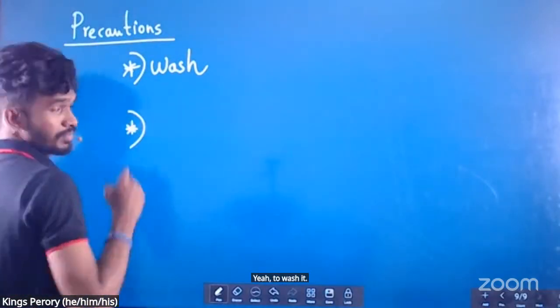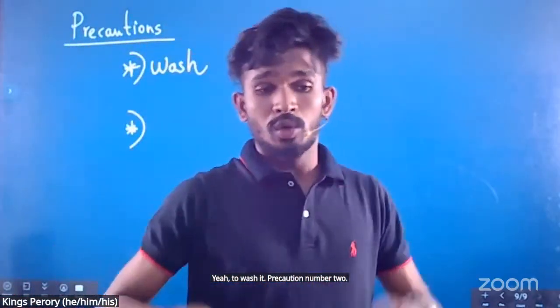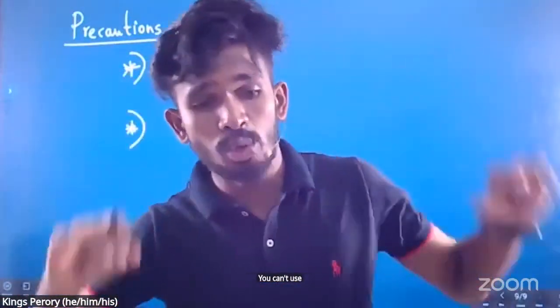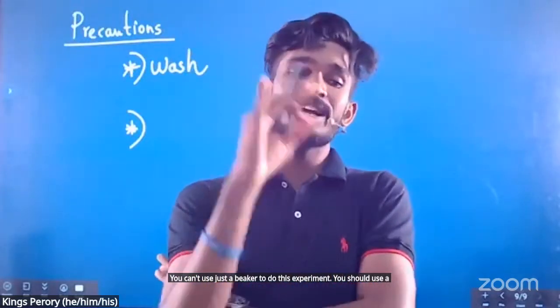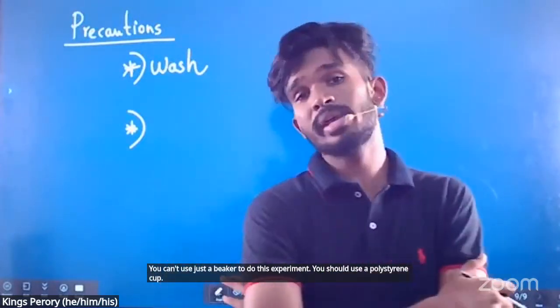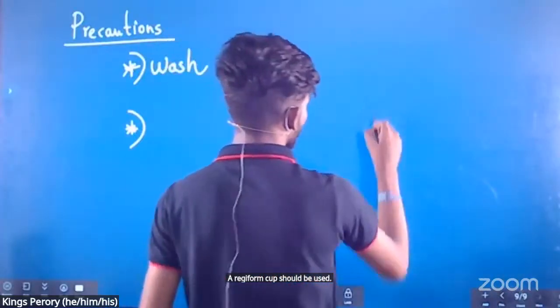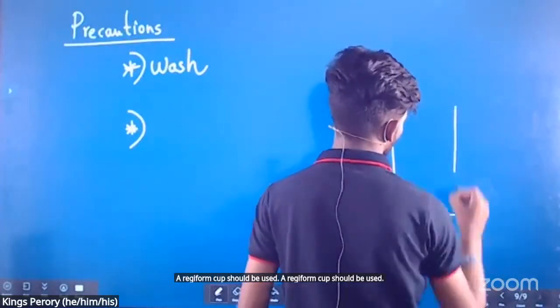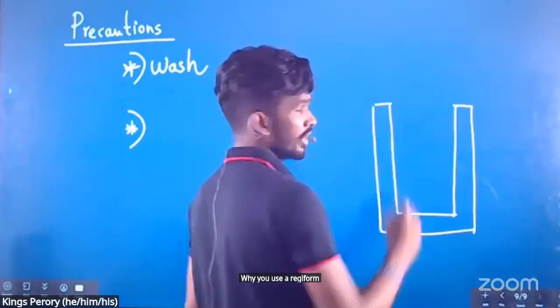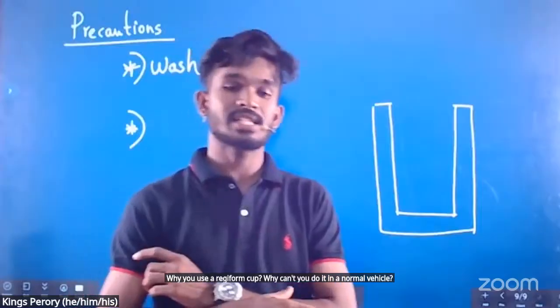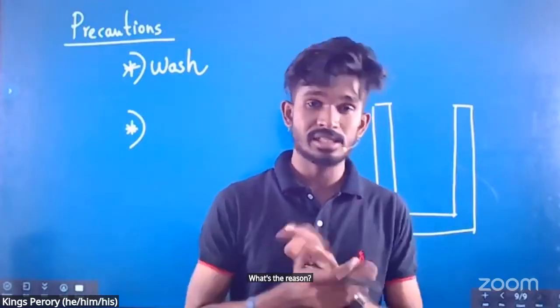Precaution number two: you can't use just a beaker to do this experiment. You should use a polystyrene cup. A polystyrene cup should be used. Why do you use a polystyrene cup? Why can't you do it in a normal beaker? The reason is this.